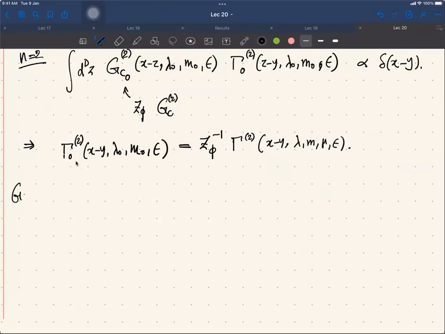For general n, we again use G connected bare n-point function (x1 to xn, lambda 0, m0, epsilon).